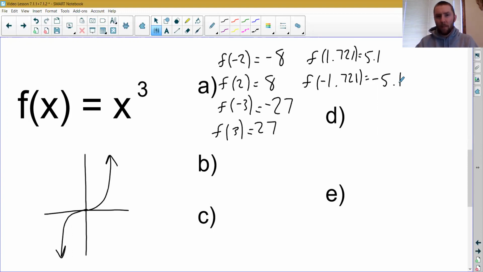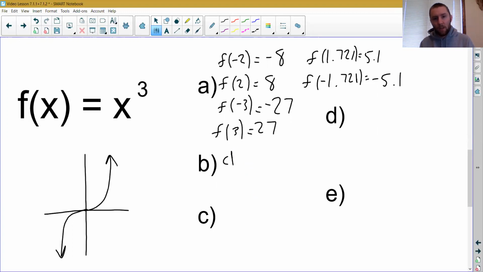So if I put in a positive and negative version of the same number, +2, -2, +3, -3, +5, -5, I'm going to get positive and negative versions of the same answer, okay? So here's what we'll say.